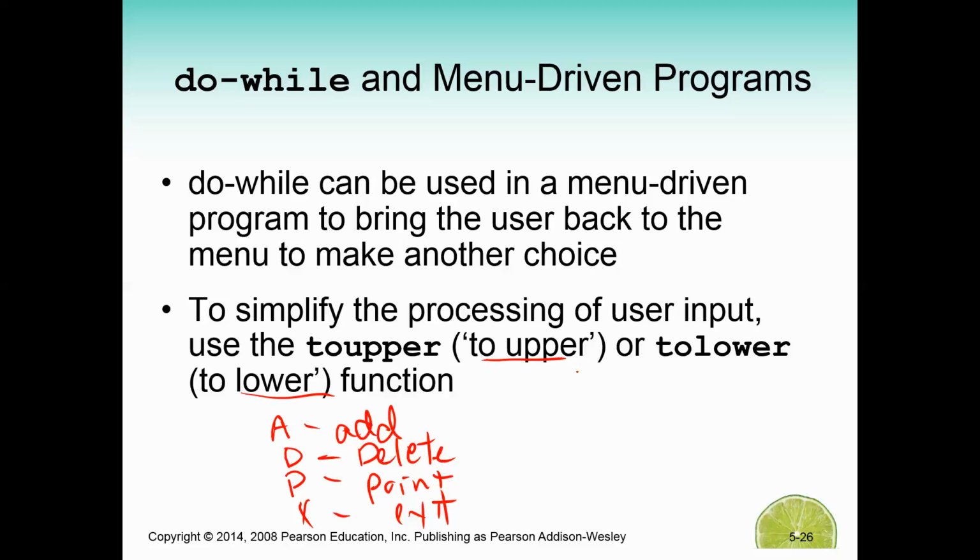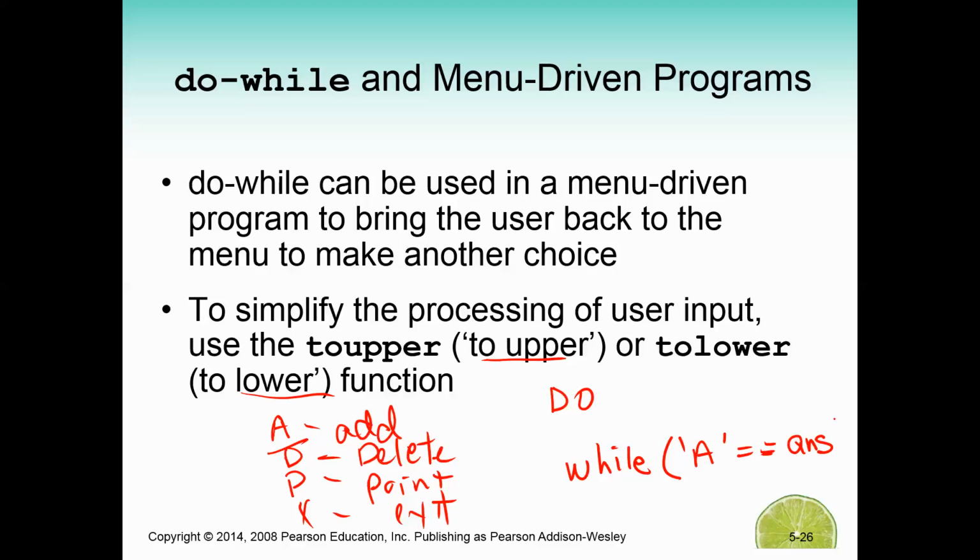And we know that if I have do, and then I have while, let's suppose that I'm going to be comparing this A, while A is equal to the answer that they give me.